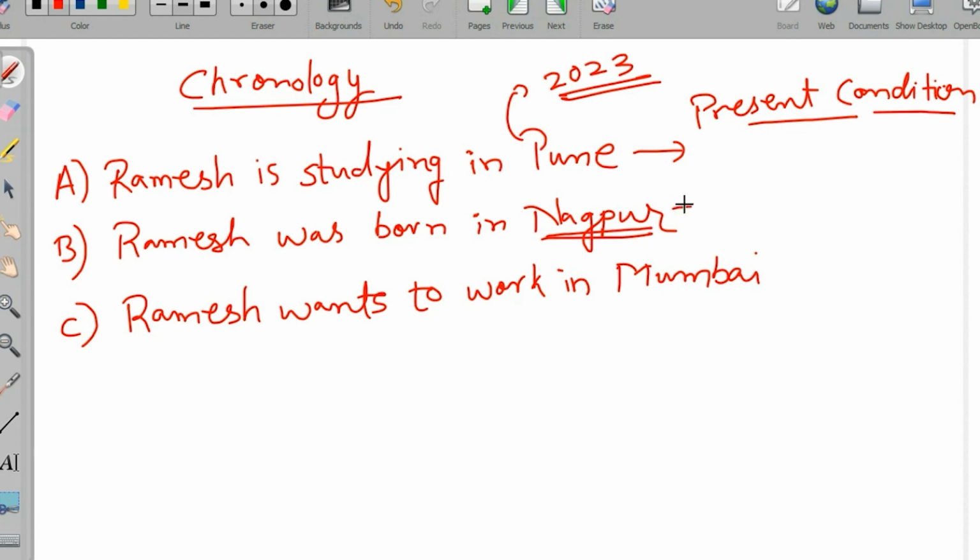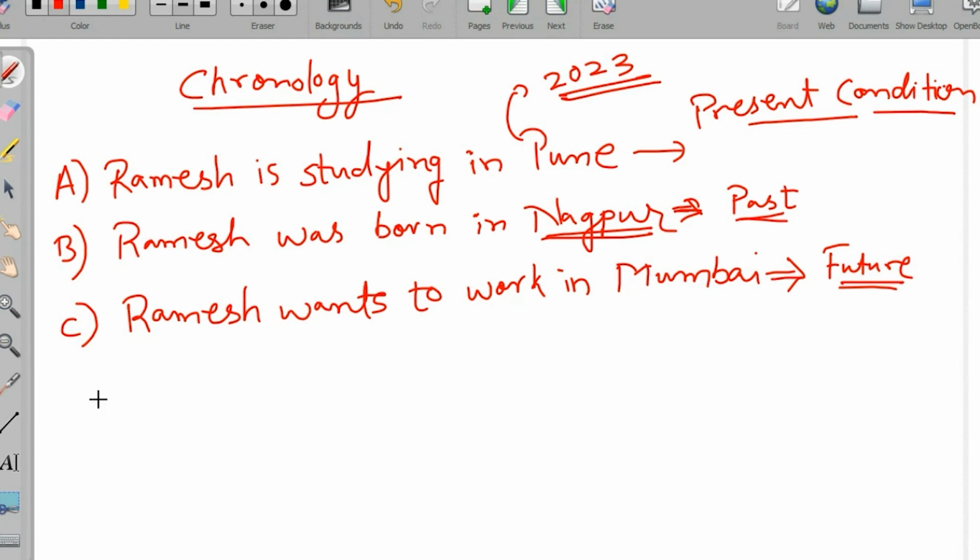Now this is the past condition, ये past में हुआ चीज है. We can say that Ramesh was born in Nagpur in 1992 or 95, whatever you want to take. But this is in past condition, जो पहले हुआ है. And Ramesh wants to work in Mumbai. So this is a future condition वाला tense. Future statement, future में जो होने वाला. So chronology कैसे?